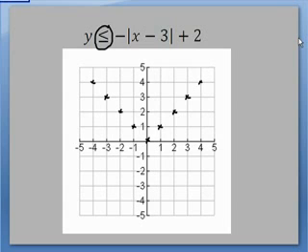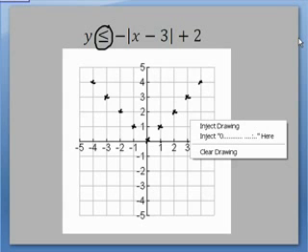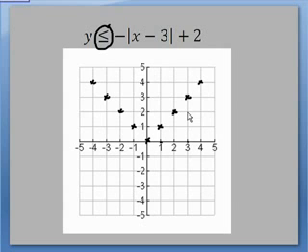Well, we're taking this graph and shifting it. Look at the inside: the inside there is -3, so we're shifting it to the right 3, and then a +2 at the end, so up 2. And that negative on the outside turns it upside down, so we're not changing the shape of it. So we're looking at these points right here, which would be points on the boundary.